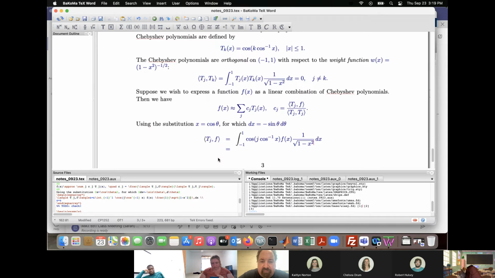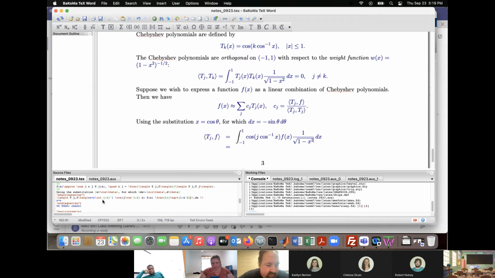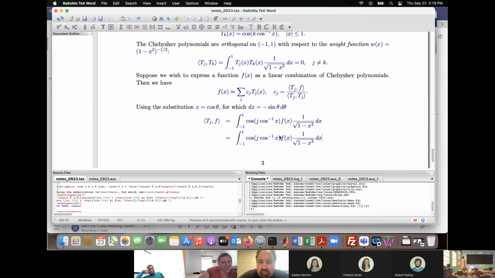Now, when I make a substitution through here to get an integral in terms of theta, well, if x is cosine theta, then theta is inverse cosine of x. So I'm just going to have j theta right here.